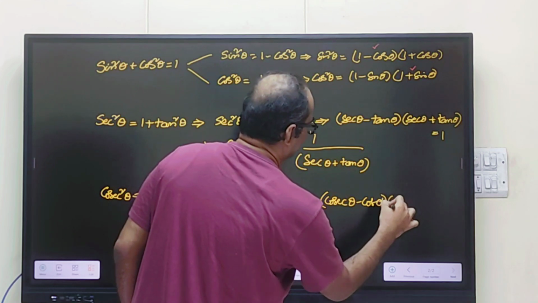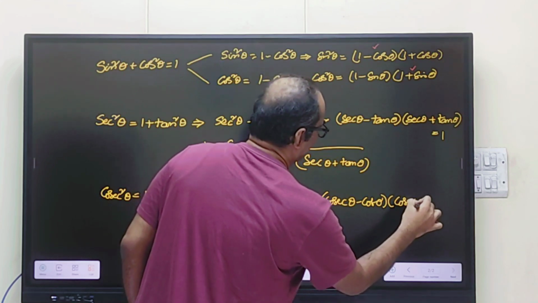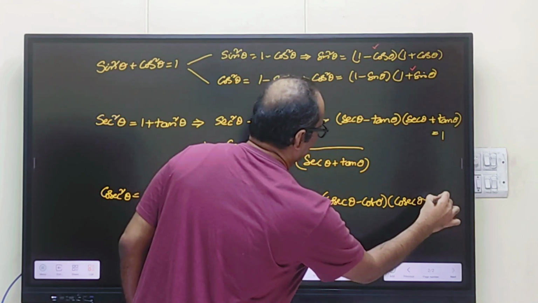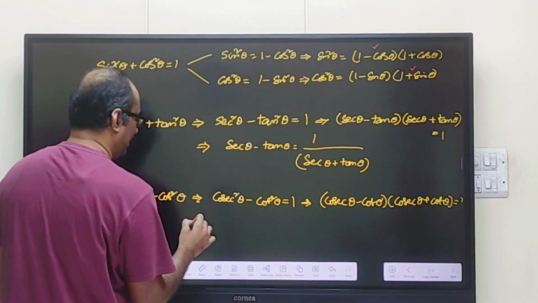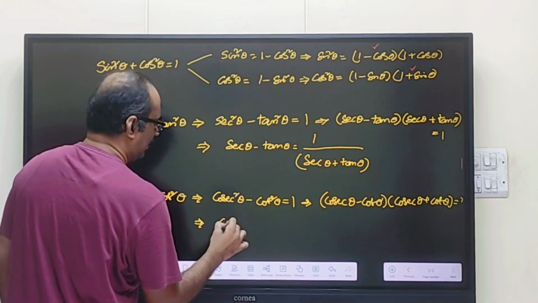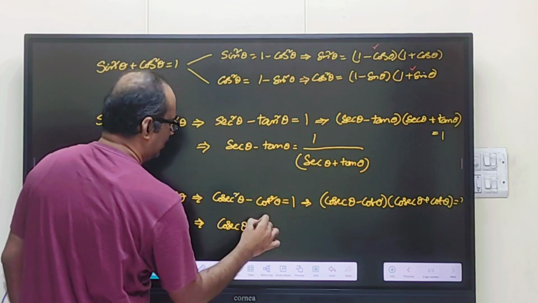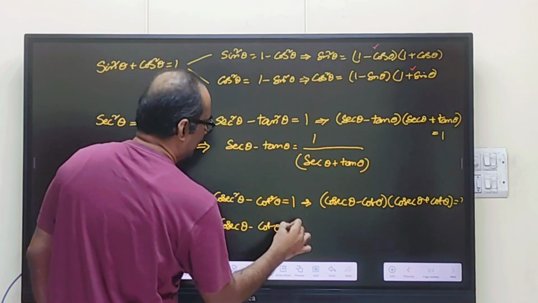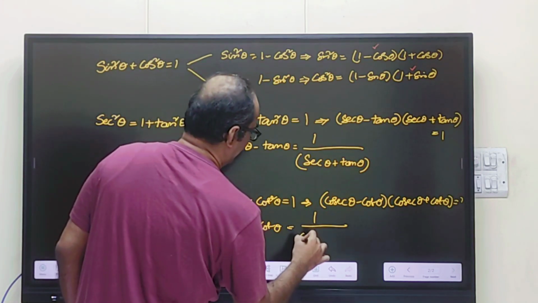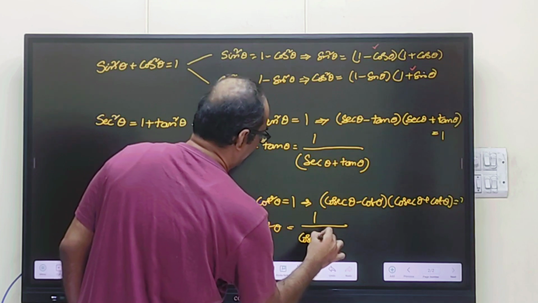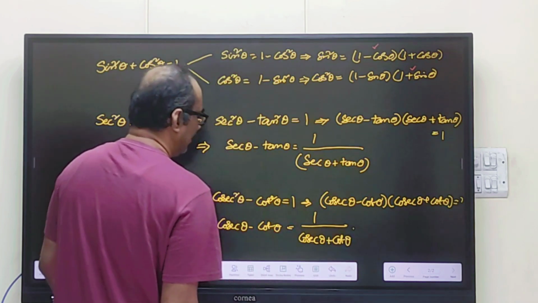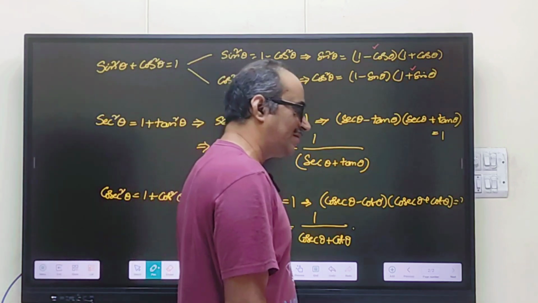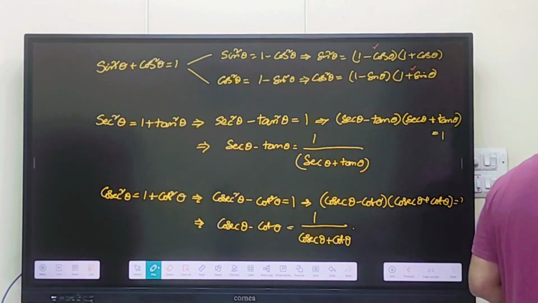Cosec theta minus cot theta into cosec theta plus cot theta equals 1, or we can say cosec theta minus cot theta equals 1 by cosecant theta plus cot theta. We can take it in reverse also. We can say cosecant theta plus cot theta is 1 by cosecant theta minus cot theta also.